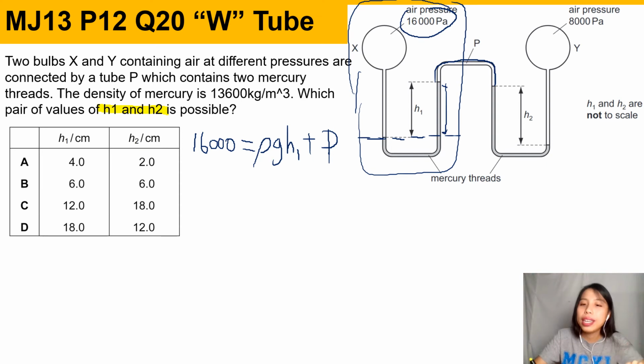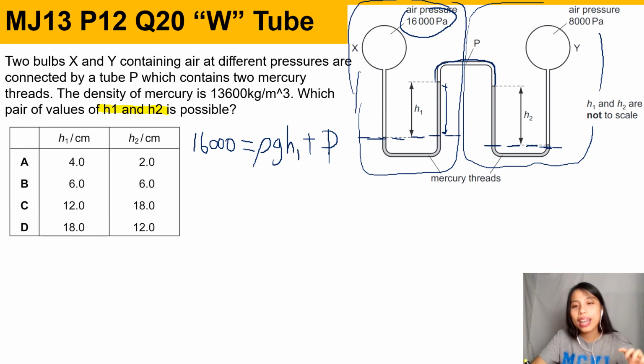How about the right side? The right side, you can break down into another U tube. Here I'm going to choose this blue dotted line as my reference point, because below that, everything's the same. Above that, that's when the pressure difference starts.